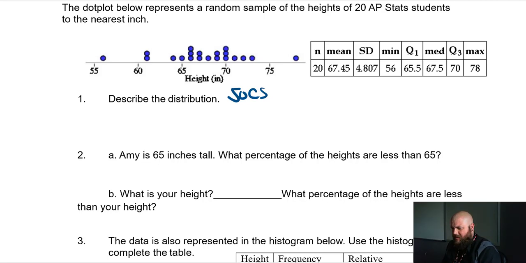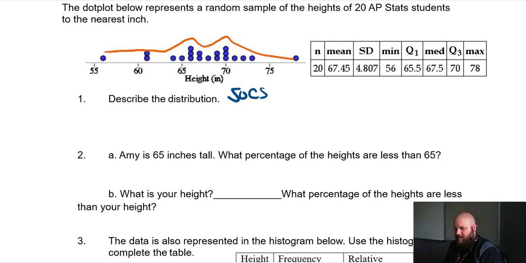So on this dot plot, it seems to be kind of going up, and then a little dip, another peak, and then it kind of goes back down. So with this, overall, it's kind of a symmetric look. However, we have two peaks, so it's bimodal.